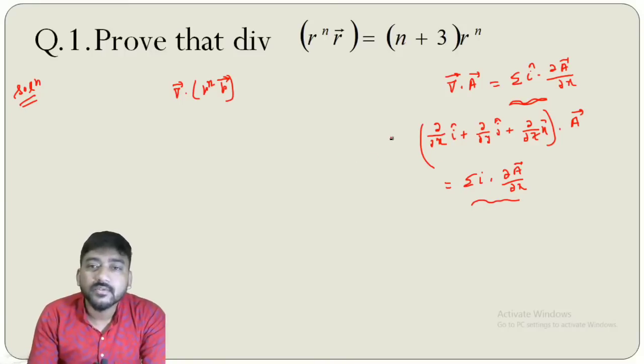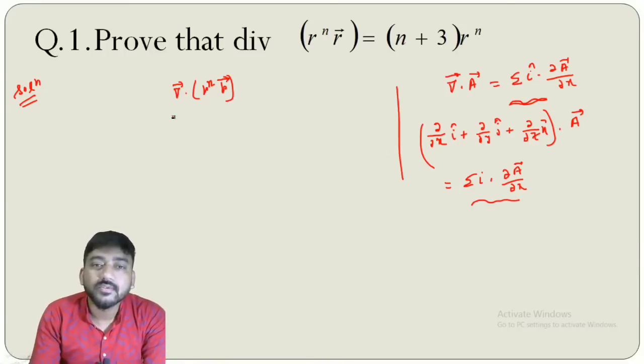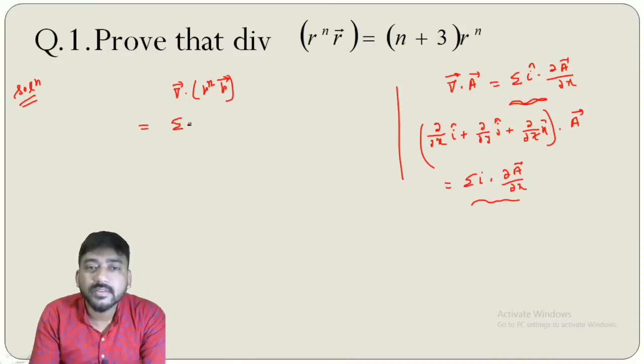So now let me solve this question. It can be written as summation i dot del by del x of r to the power n into r vector.